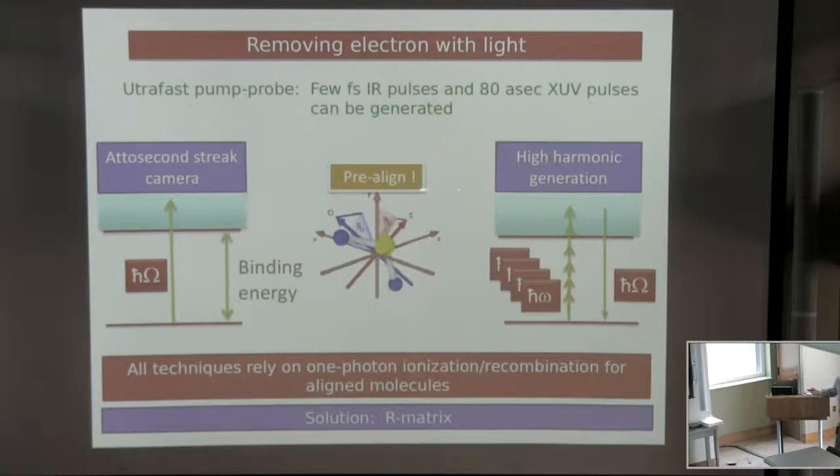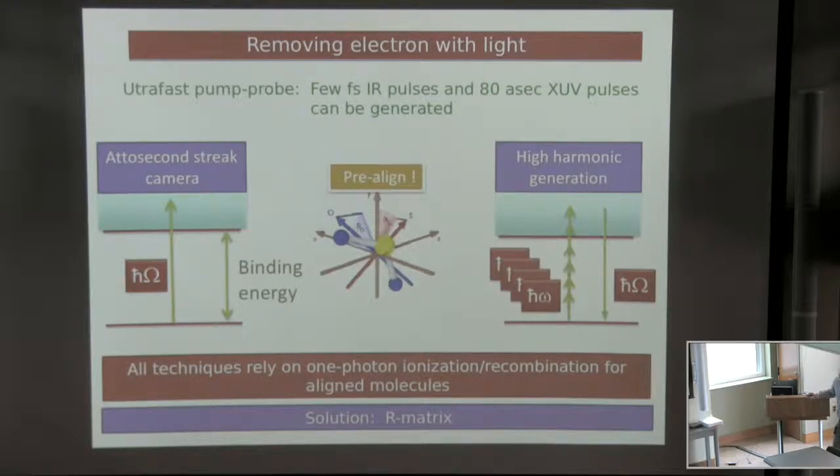And it's also normal to work with aligned molecules, so you don't average out the interesting effects you might want to see. So one technique is the attosecond streak camera. I'm not going to say very much about these. I'm just going to quickly go over them.